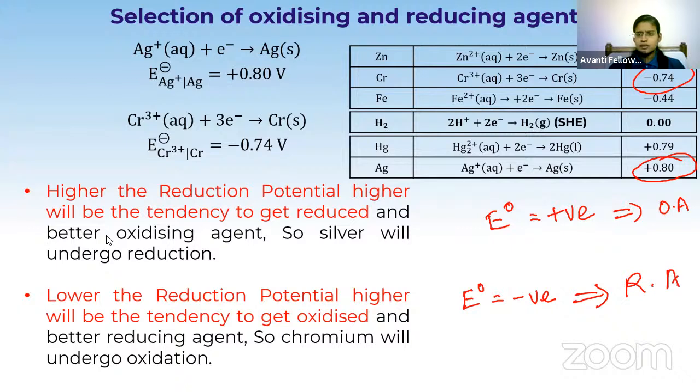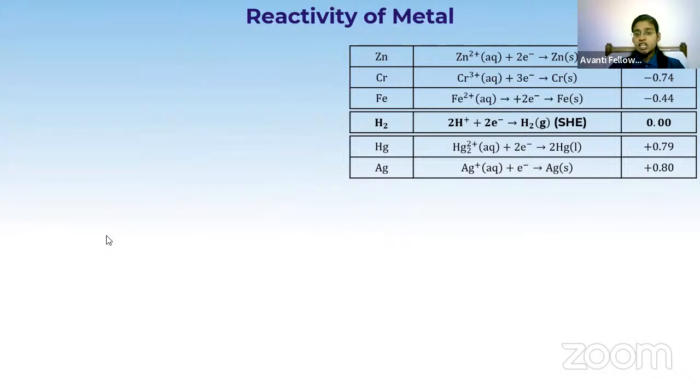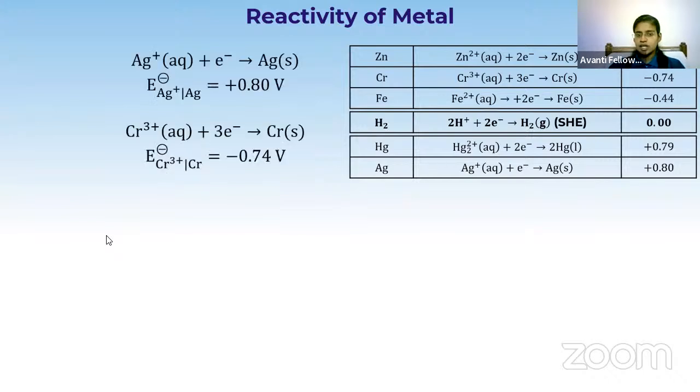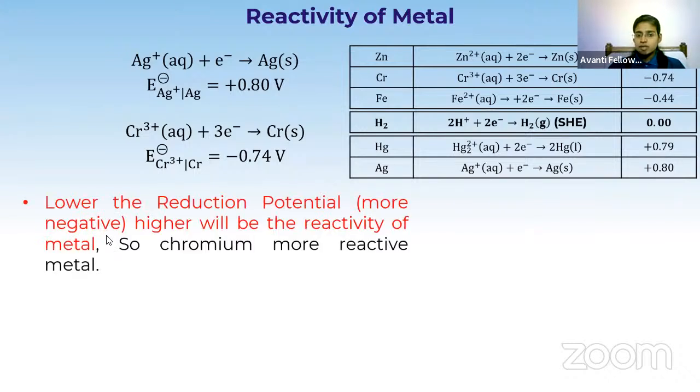Now the last point is reactivity of a metal. Let me take the same two reactions, the silver reaction and the chromium reaction. Silver is having positive value and chromium is having negative value. The lower the reduction potential, that is, if the reduction potential is more negative, higher will be the reactivity.